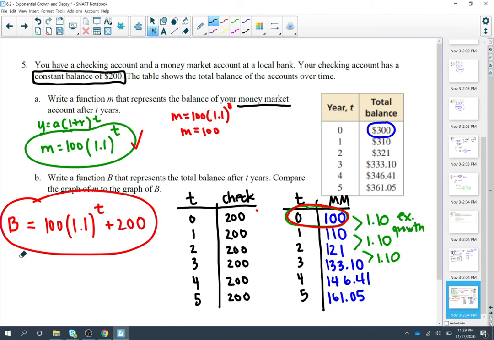First of all, we can see B is always 200 larger than M. We could probably say something about the horizontal asymptote being moved up by 200. But ultimately, what I would be looking for here is that the total balance is always going to be $200 more than what's in the money market account.